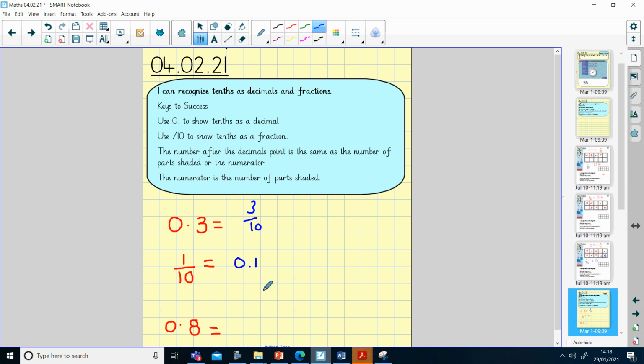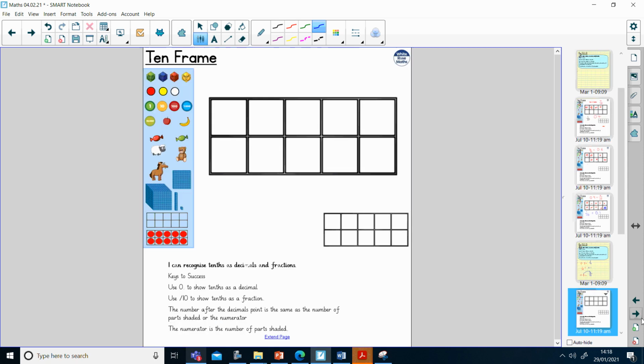So 1/10 is equal to 0.1. I wonder what the fraction will be for 0.8. Well, I know that I'm thinking about tenths, and if it's 0.8, I need to bring that 8 into my fraction. So 8/10 is equivalent to 0.8.